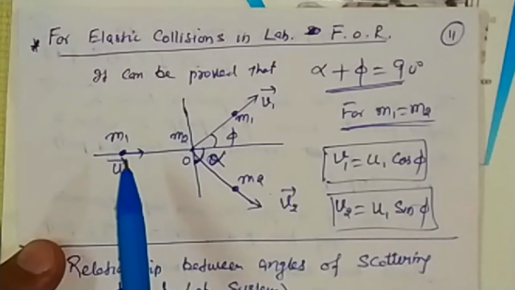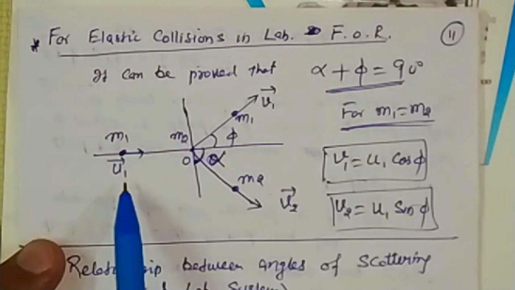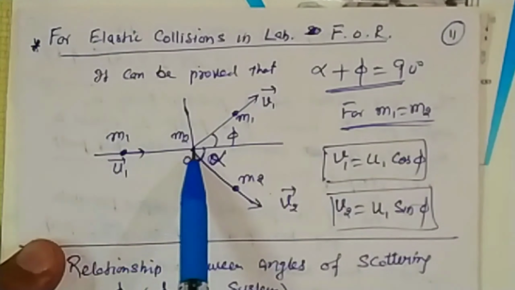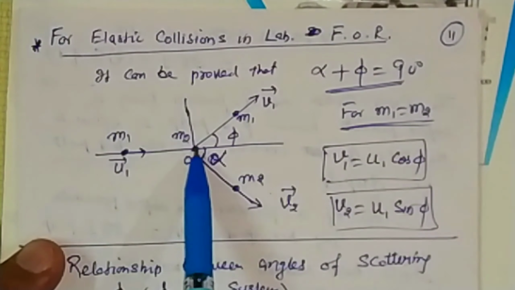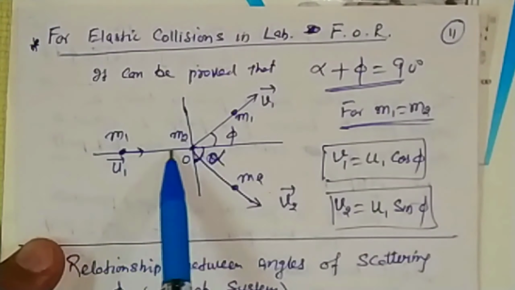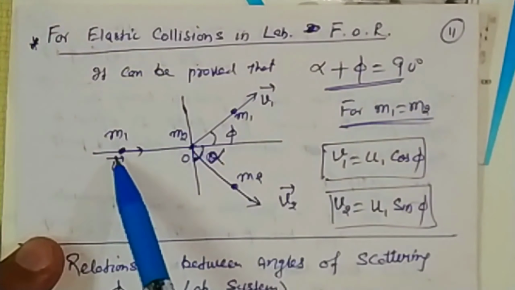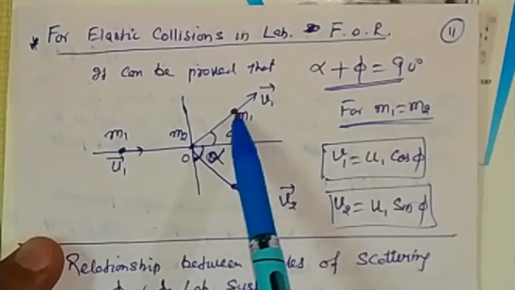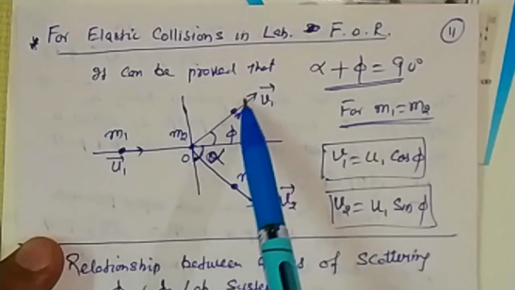An incident particle of mass m1 and velocity u1 moves towards the target, which is at rest and has mass m2. The collision occurs, and after the collision the incident particle is scattered in this direction.